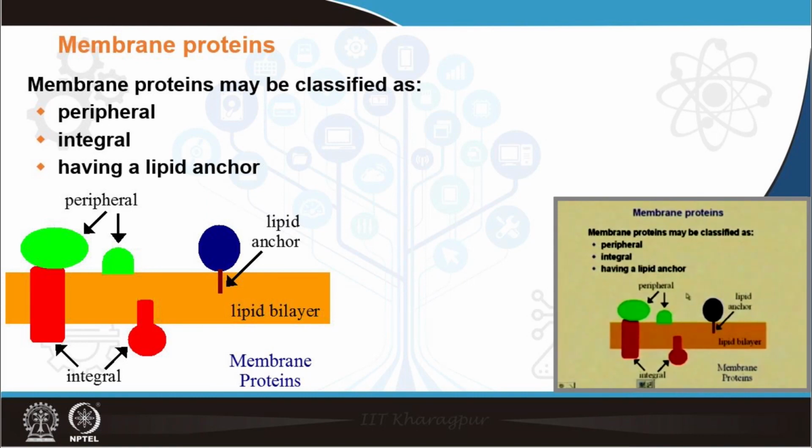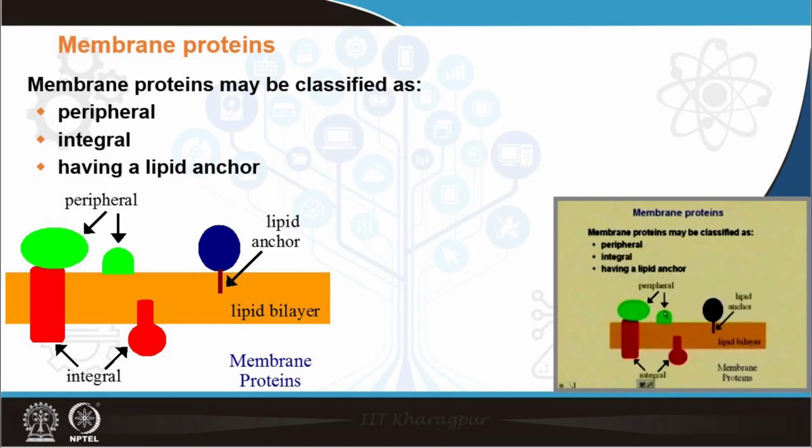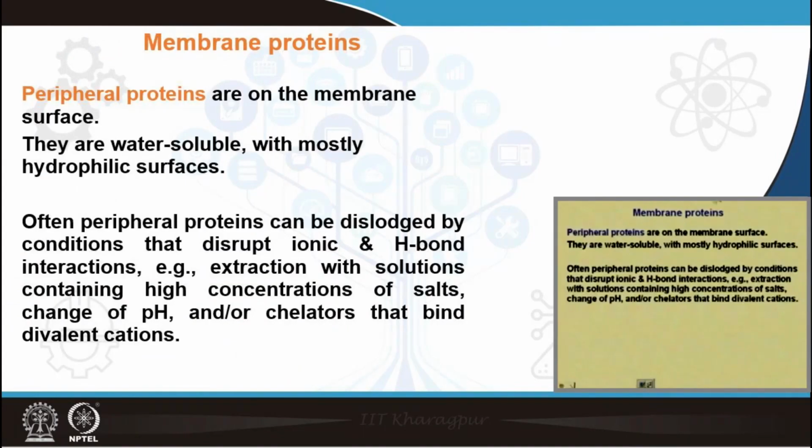We will see the properties of the membrane proteins. The peripheral proteins are on the membrane surface. They are water soluble, and as you recognize, what does their surface have to be? Hydrophilic in nature, so that they can interact with the polar head groups of the lipid bilayer. So, they are water soluble with mostly hydrophilic surfaces.